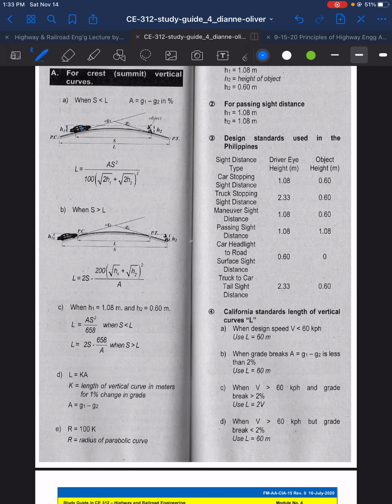The height of the object here will be H2. The perception reaction time is equal to 3/4 of a second, whereas the coefficient of friction between the road pavement and the tires is 0.15. The first task is to determine the stopping sight distance.